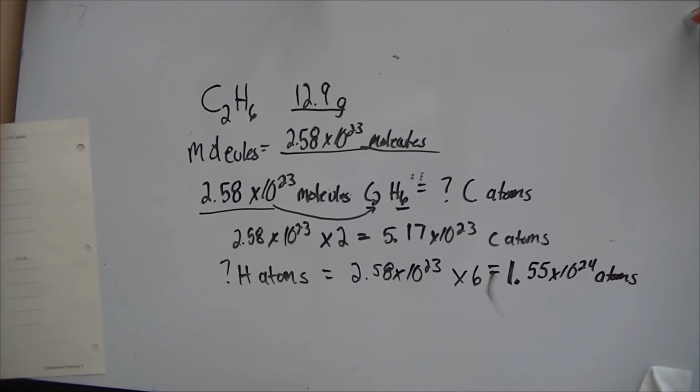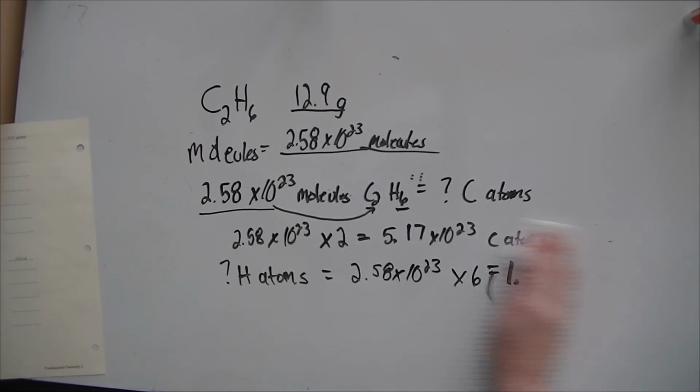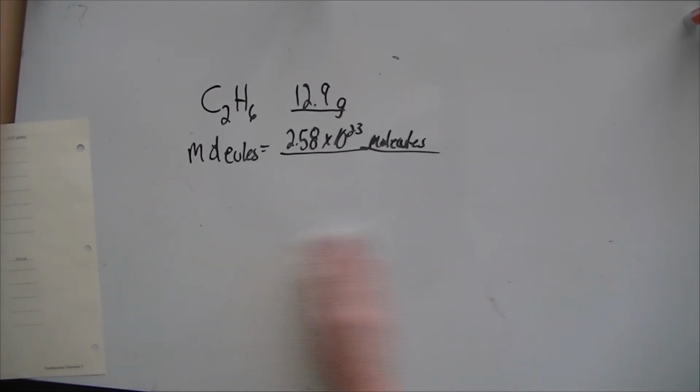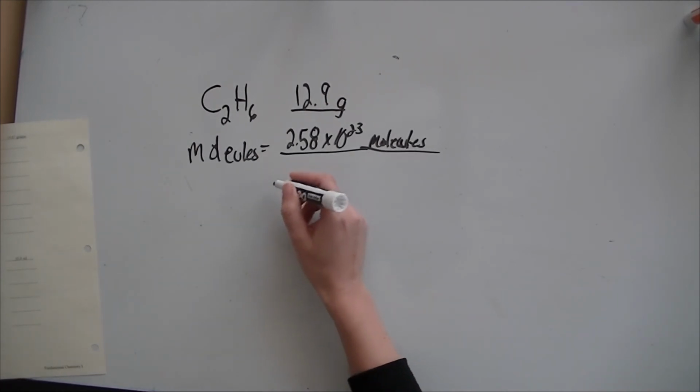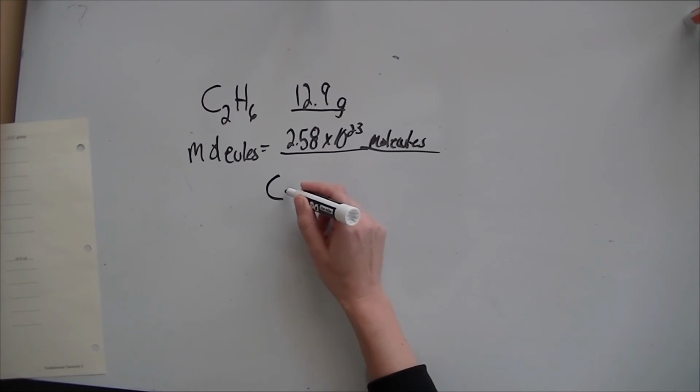All right, let's look at this in a different way, because usually we've been dealing with conversion factors, and it's nice to see what you don't want cancel out and what you do want stay. So I'm going to solve these again in a slightly different way. Let's go back to that mole ratio thing where we have C2H6.